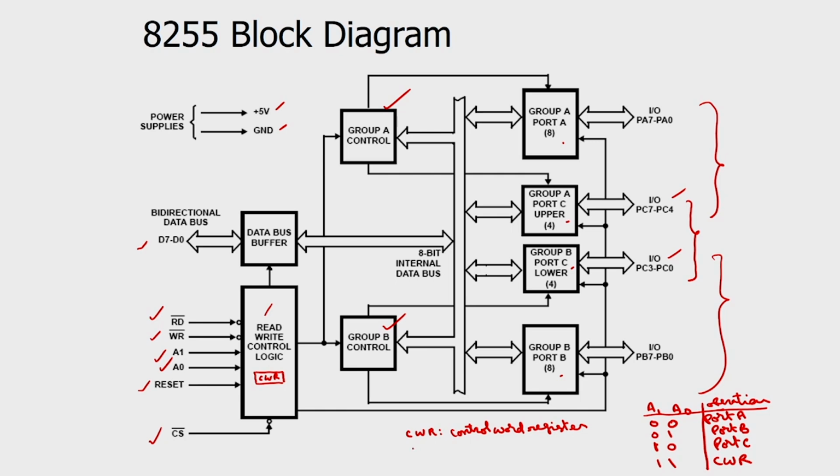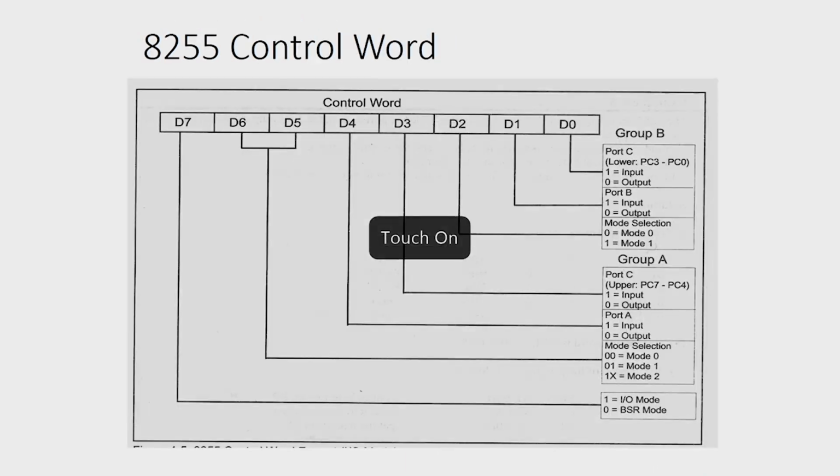The control word register is an 8-bit register. The format of this control word register is as follows. We have the D0 LSB bit, which is used for port C. You can program port C lower, which is PC3 to PC0, as either an input port or output port.